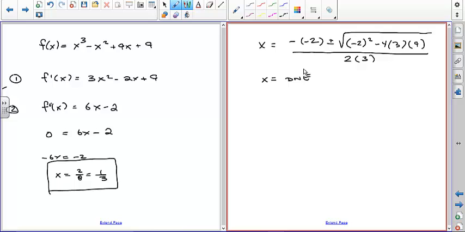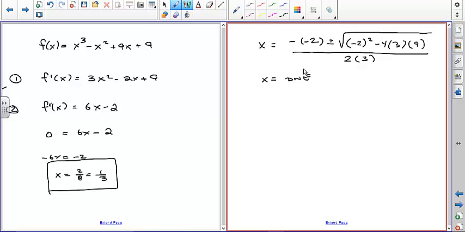So I used the first derivative expression, which is f prime equals 3x squared minus 2x plus 9. That wasn't going to be easily factorable, so I said I'll just use the quadratic equation to figure out the values for x where the first derivative goes to 0.